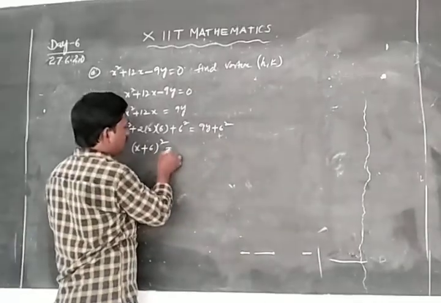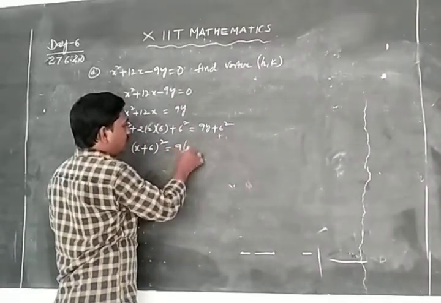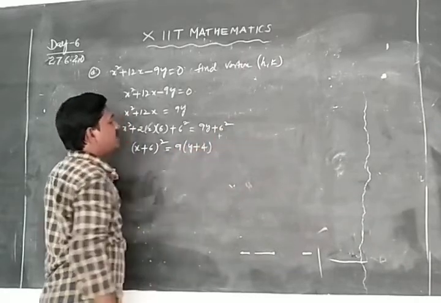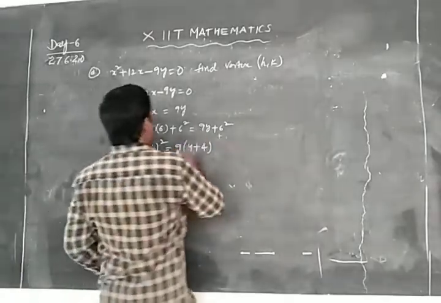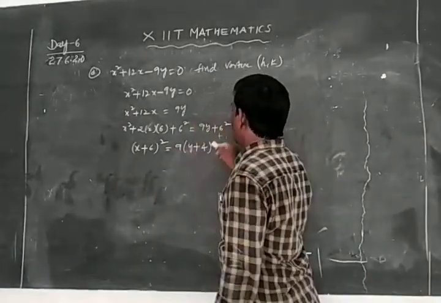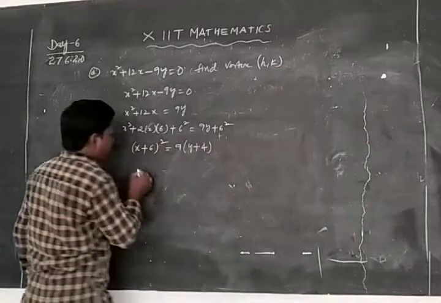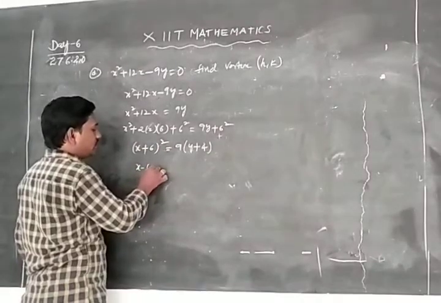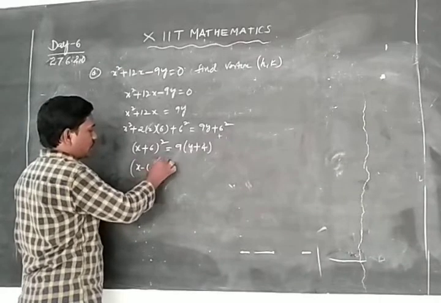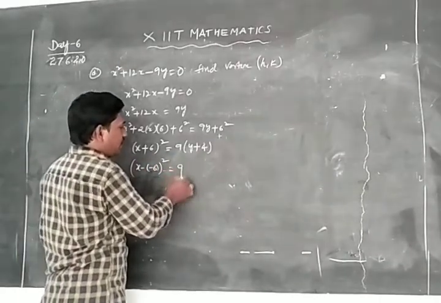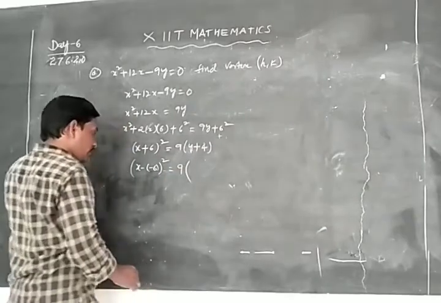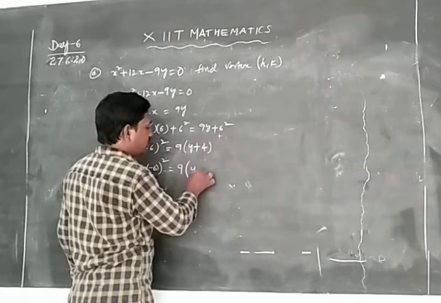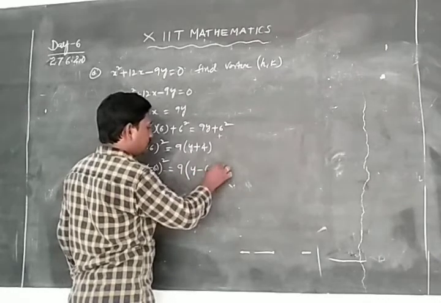This is 9 comma y plus 4. Why? Because 6 square means 36. So 9 into y, 9y, and 9 4s are 36. Again change as x minus of minus 6 whole square equal to 9 into y minus of minus 4.